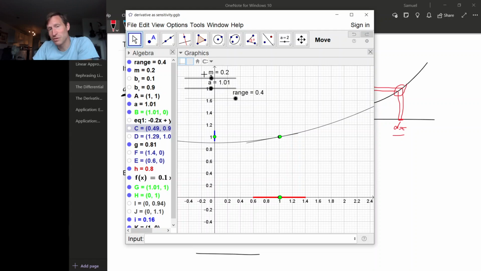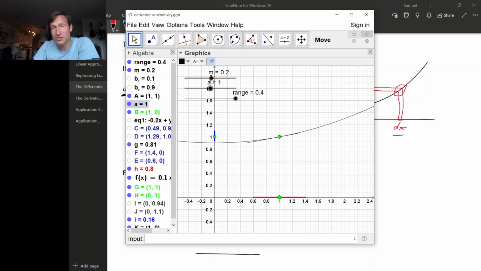So a small derivative is a small sensitivity. So small sensitivity means large input changes only produce small output changes. And we can see this happening. So along the red line segment, the green point moves a lot, but that large change is sort of suppressed by the small sensitivity, or the small derivative, to produce only a small change in the y direction.